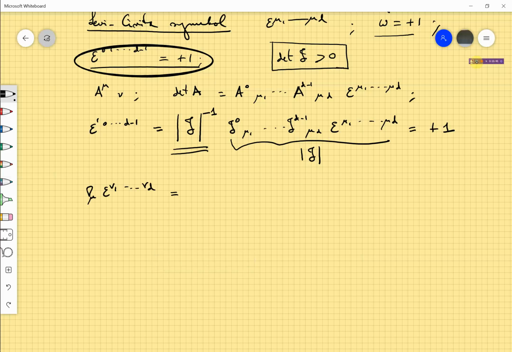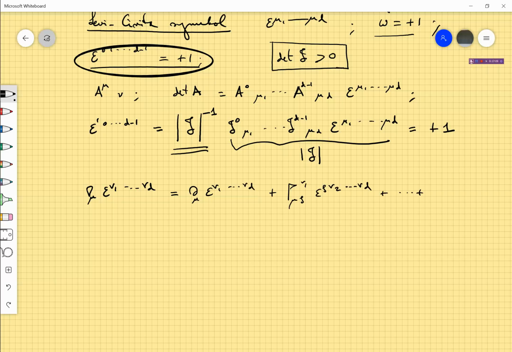If it is a tensor density, this means that first there is this term and all the terms that correspond to the covariant derivative of a standard tensor. So nabla mu of epsilon nu 1 to nu d gives Gamma mu nu 1 rho epsilon rho nu 2 up to nu d, plus, and so on.